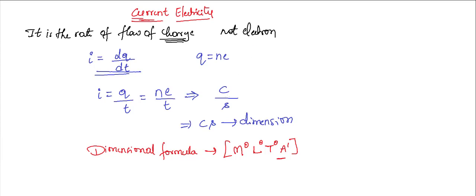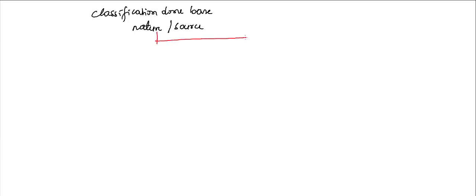Next, how can we classify current further? Classification is done based on the nature as well as the source. In this we have two types.